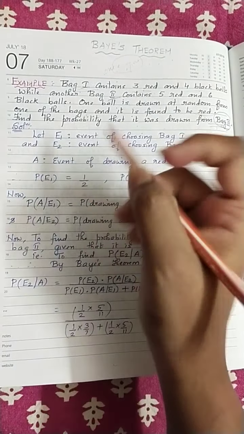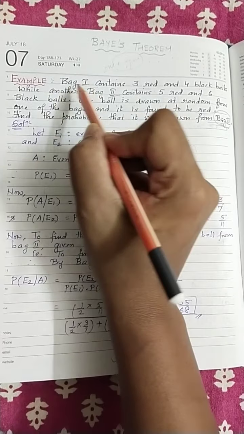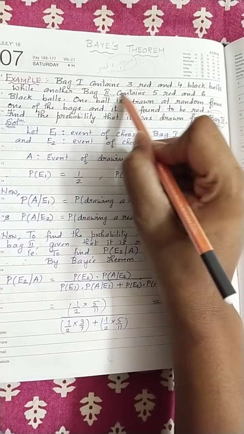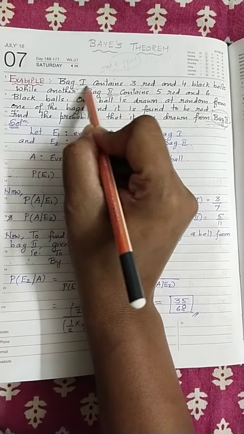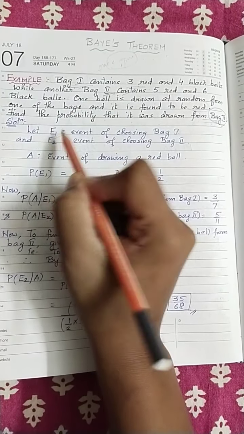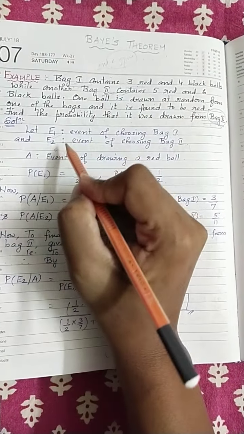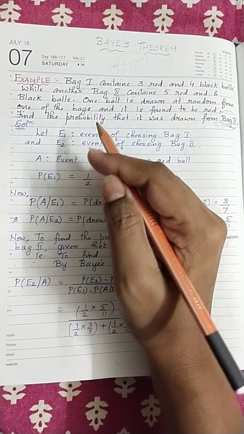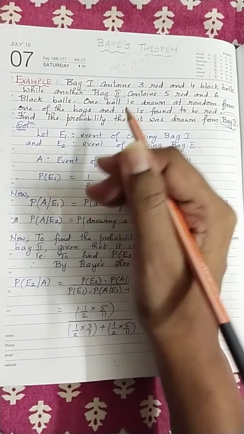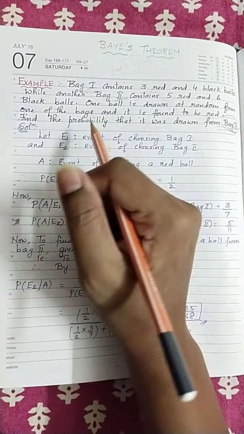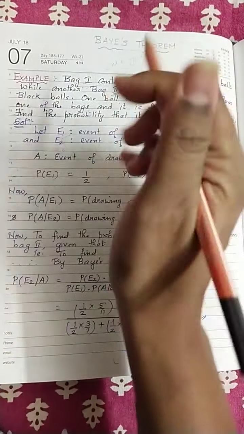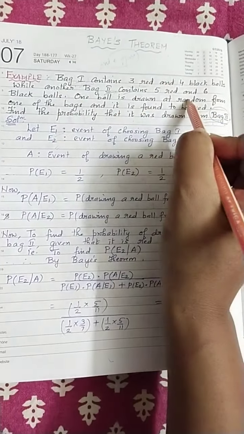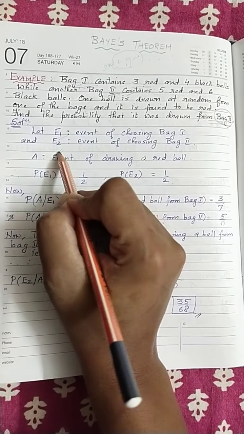In this case, coming from the first statement, bag 1 and bag 2, let us assume bag 1 as event 1 and bag 2 as event 2. Now if I ask you, for example, to go and get a red ball, you will ask me from which bag you should get the red ball. In that case you will first name bag 1 and bag 2 as event 1 and event 2.